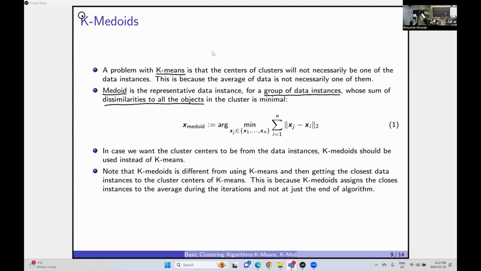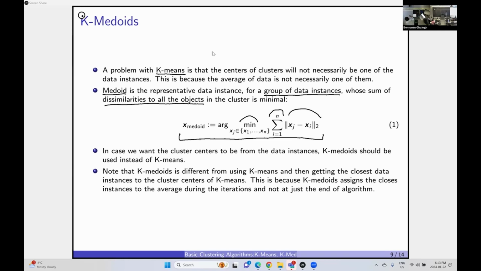So basically, I have a cloud of data points. Which of these data points has the smallest distance to the other data points? Distance or dissimilarity. For example, here I'm saying the smallest summation of Euclidean distances to all other points.